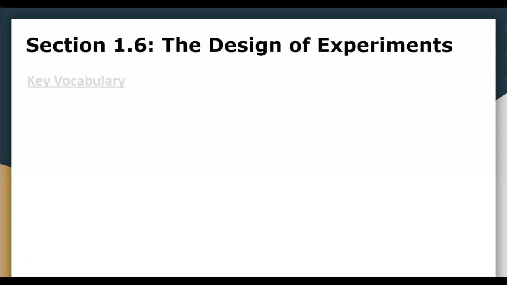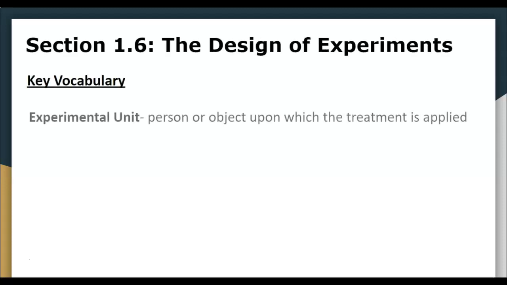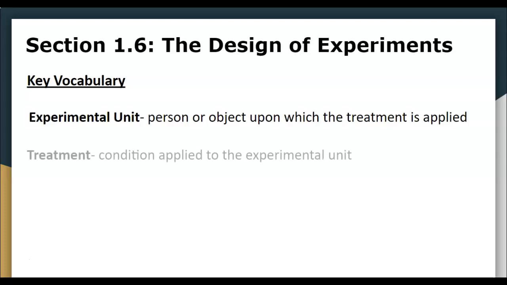So, experimental design, let's get familiar with some key vocabularies here first. Experimental unit is the person or object where we use our treatment. Treatment is the condition applied to the experimental unit, the thing that we do to the experimental unit. That's the treatment.